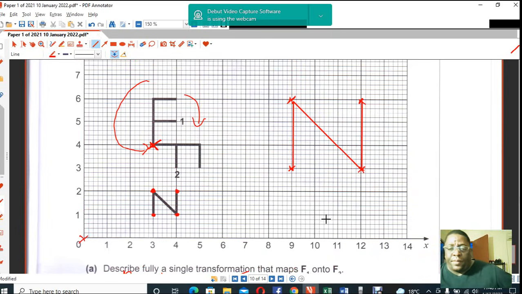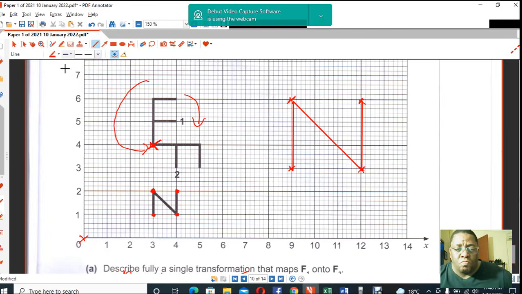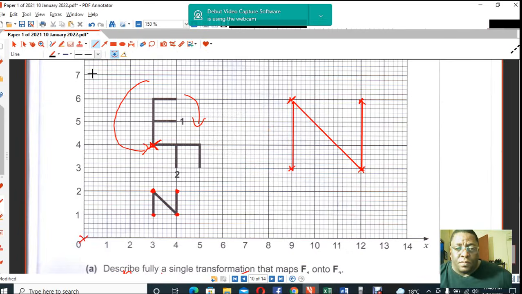But another way that you can test to see if you're on the right path, you can perhaps draw a line from the origin, from here. Okay, let's just take a line. You see that if I join the corresponding points, it will pass. All right, this is a little bit out here.